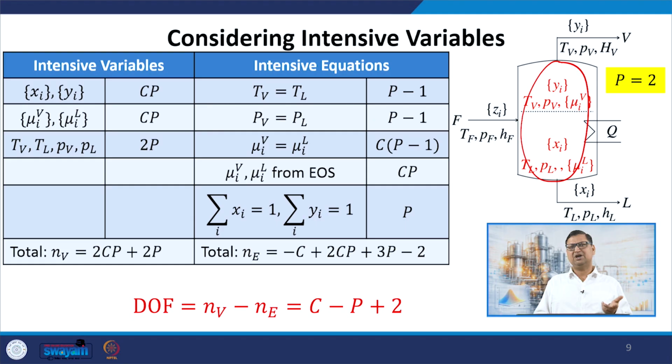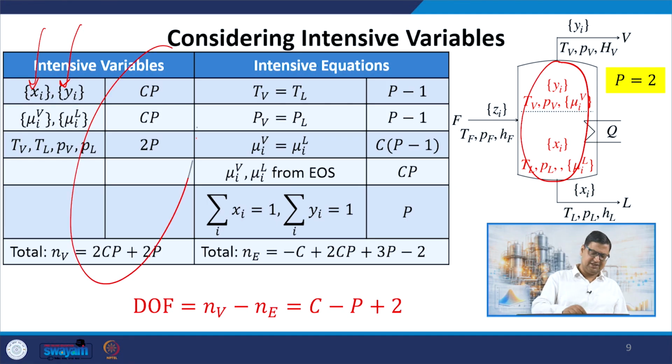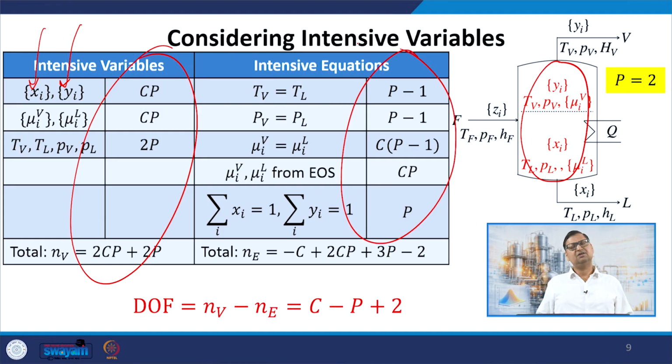Number of components is still c. As a common notion, we say x is the liquid mole fraction and y is the vapor mole fraction, and we define chemical potential for the vapor phase and liquid phase and so on. So, there is no change in the definition of variables, and accordingly no change in the definition of the equations.